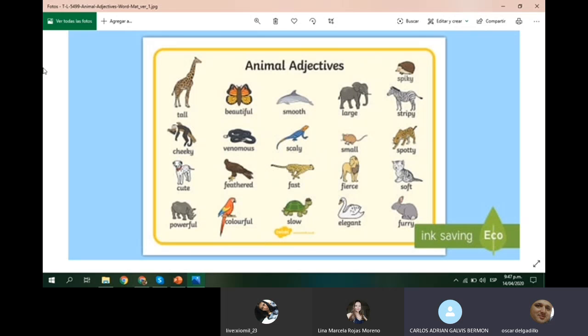The dog is cuter than... how do you say guacamaya, teacher, or loro? I don't know. Guacamaya. No, you can say a bird.